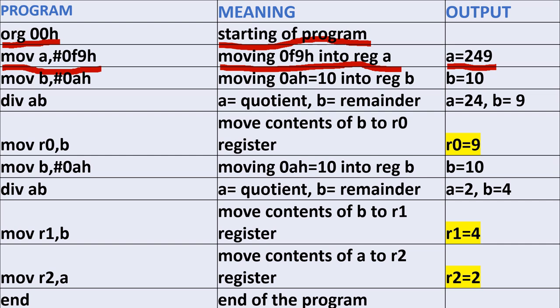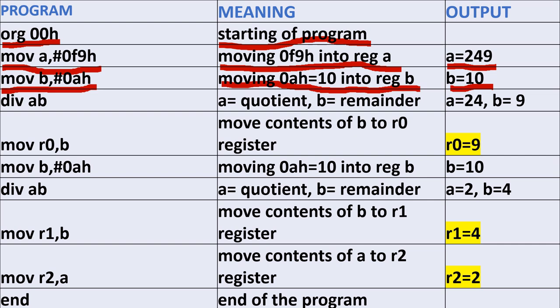Now let's go for the next line, that is MOV B, #0AH. We are moving the number 0AH, that is 10 in decimal, into register B. Why have we taken 0A or 10? Because we want to convert the hexa number into its decimal equivalent. The base of the decimal number is 10, and therefore we have taken 0A or 10 into register B, and I have written B equal to 10.